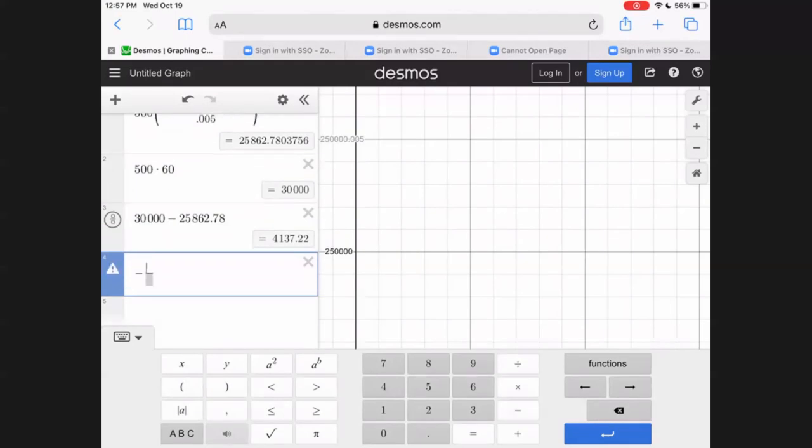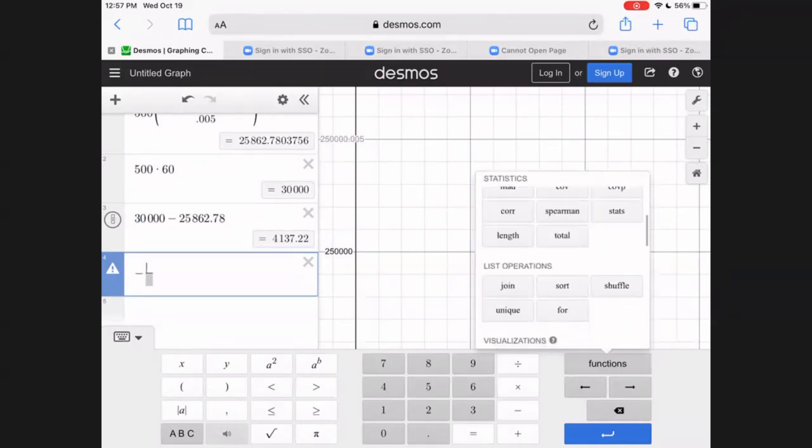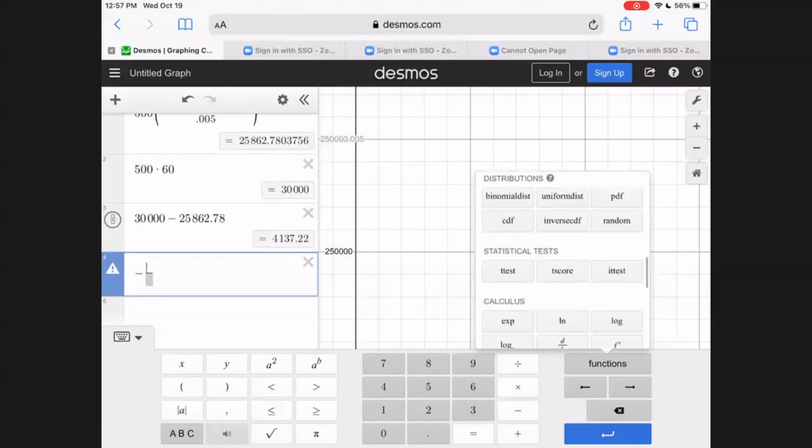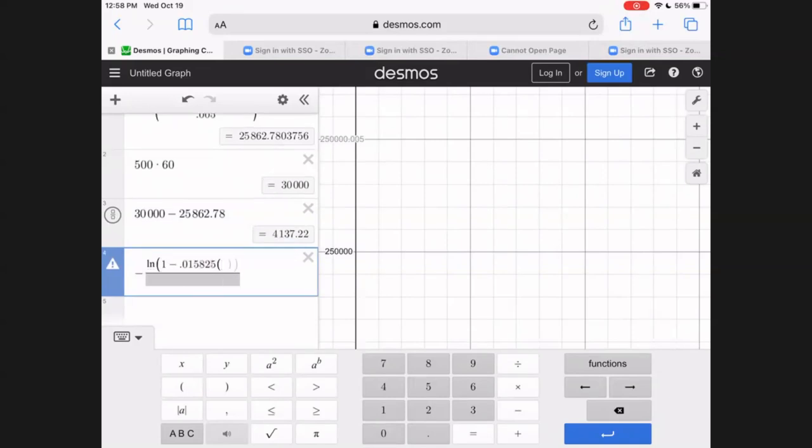We have that fraction. The top part was natural log. So how do I get natural log? Go to functions, scroll down to natural log, and type in that. Then do 1 minus your I, which we got to be 0.015825. And then parentheses, present value divided by payment.